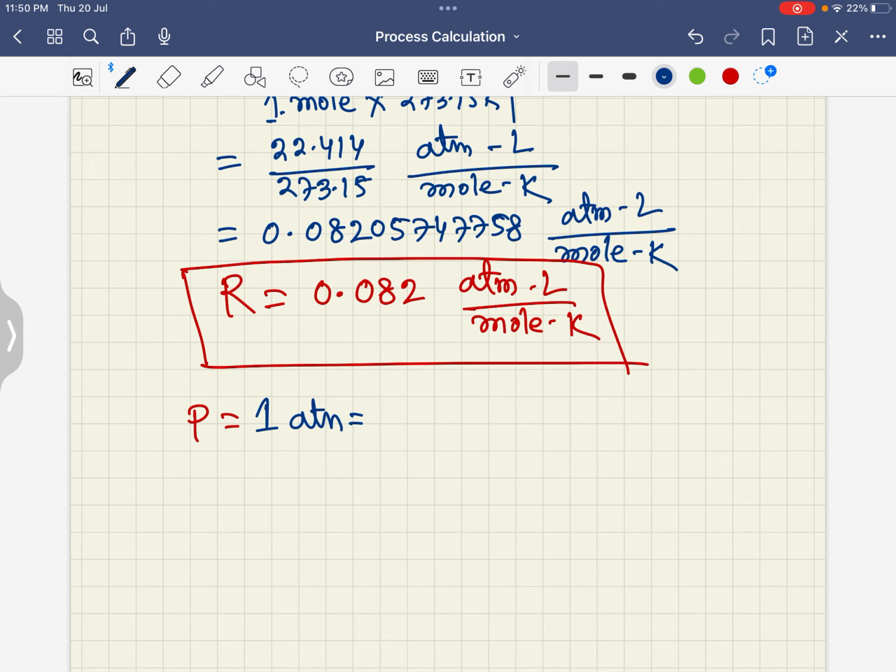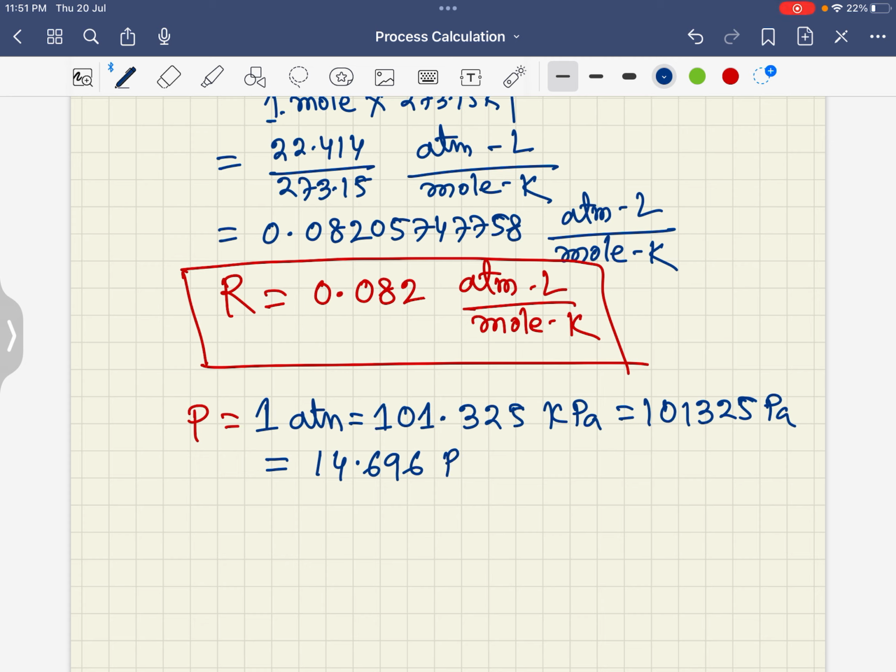We can take 101.325 kilopascal or 101.325 Pascal, or we can take 14.696 PSIA, or we can take 760 mmHg. We can take that.